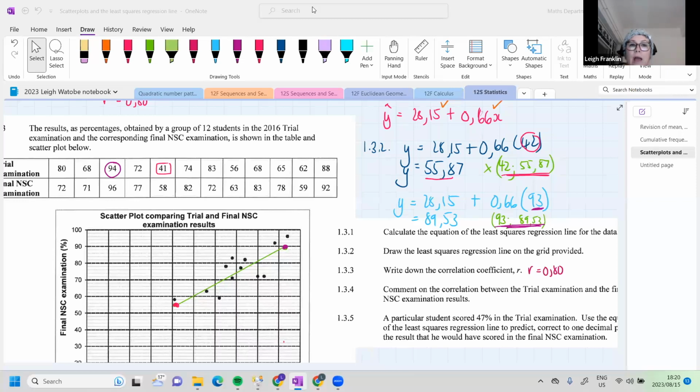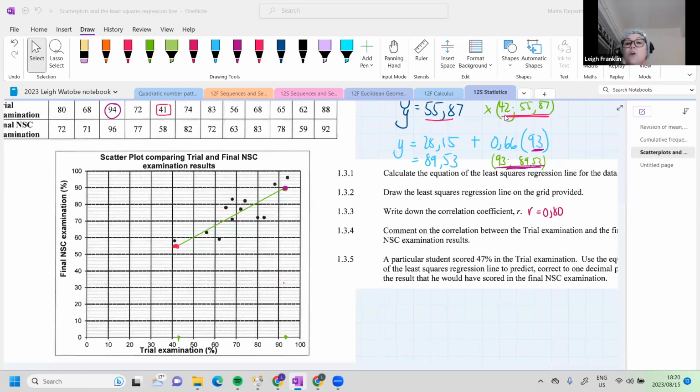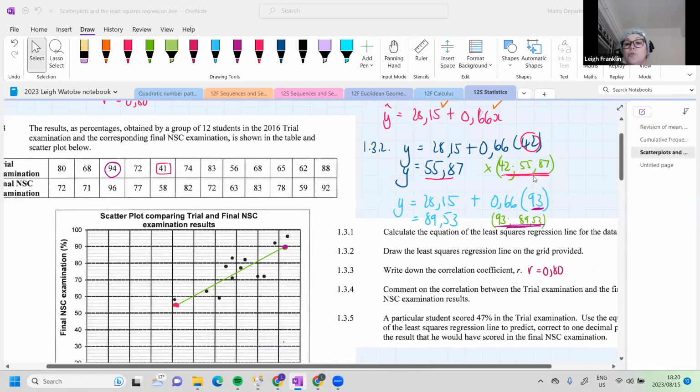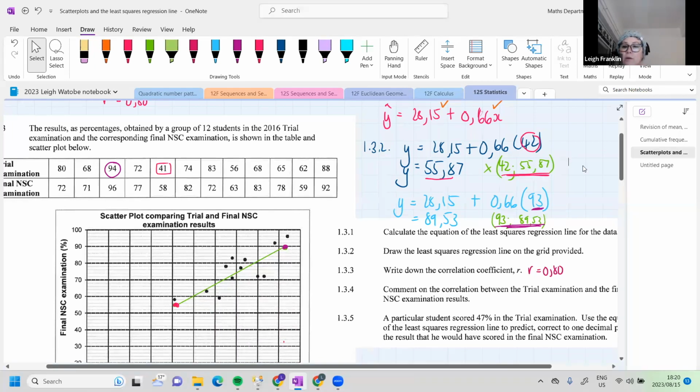So, ma'am, we add these new circles to the graph, the new dots that we just calculated? Yes, exactly. So the pink dot represents the 42 against the 55.87. And the purple dot represents the 93 against the 89.53. Okay. All right. No problem.